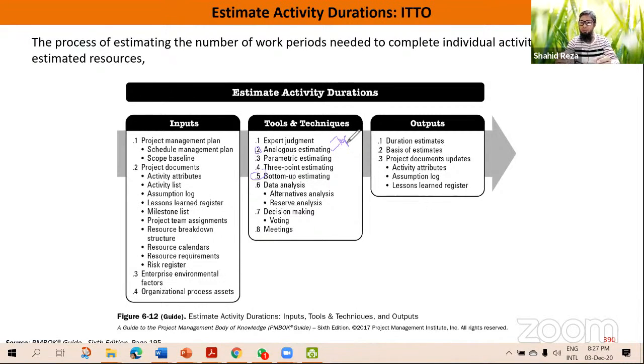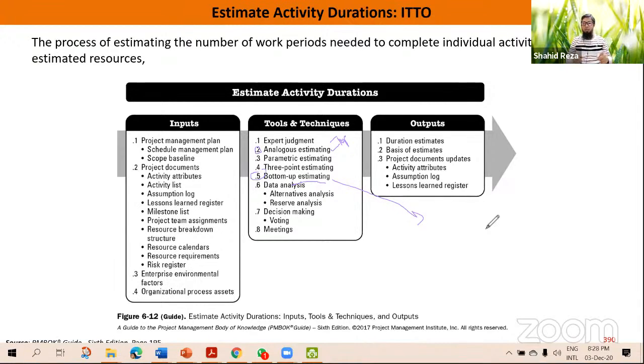Accuracy is low, but it is very fast, because from the top you are just saying it will take this much time. Bottom-up is time consuming. It will take more time, but the accuracy is high because you are now breaking the task into smaller subtasks.